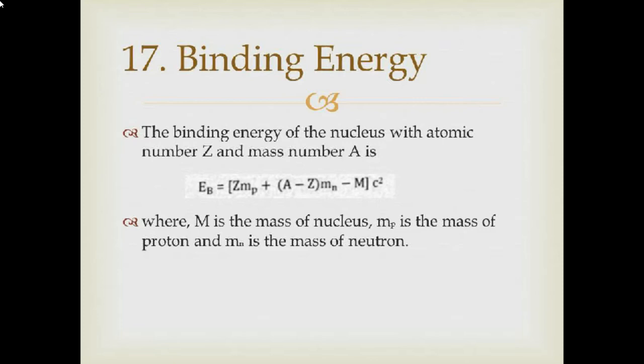This formula is important from the fill in the blanks point of view as well as the numerical point of view. They can give you the values of M_P, M_n, Z, A and M, and ask you to find the binding energy.